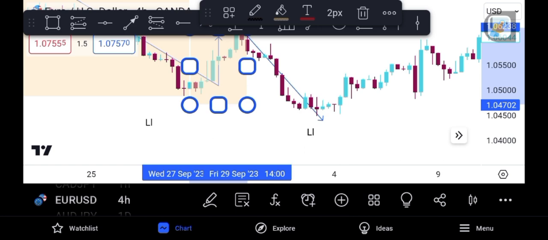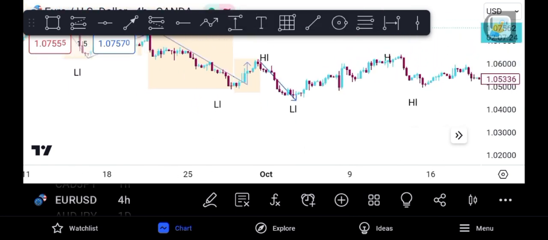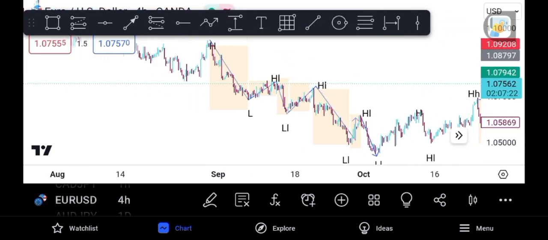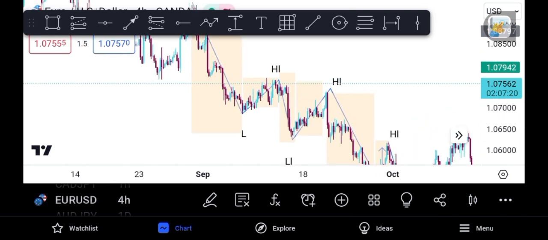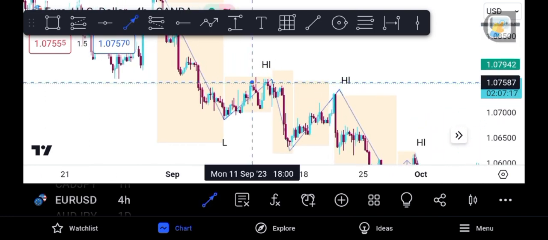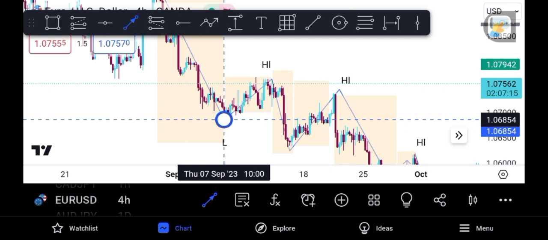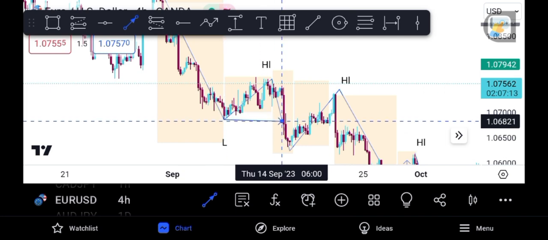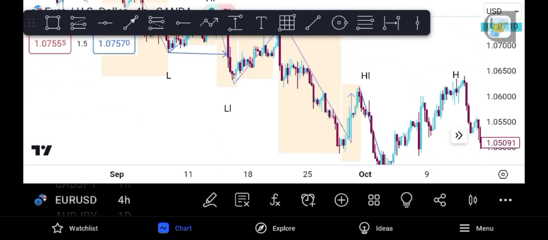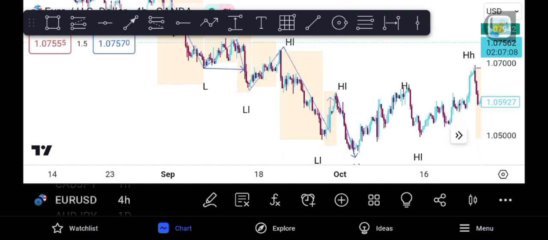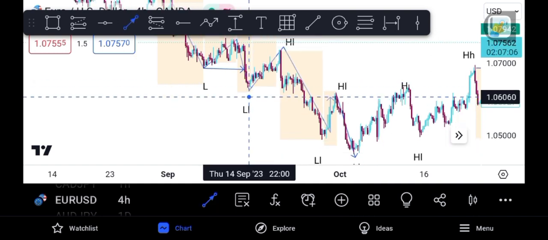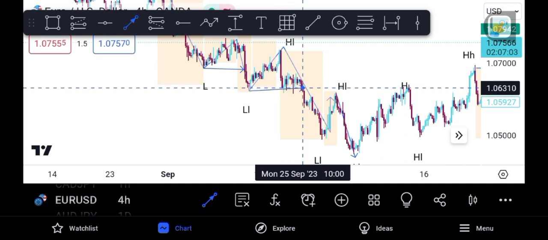Then the third characteristic is that we need to see a clear break of structure. From here, this is our first break of structure. This is another break of structure, and another.